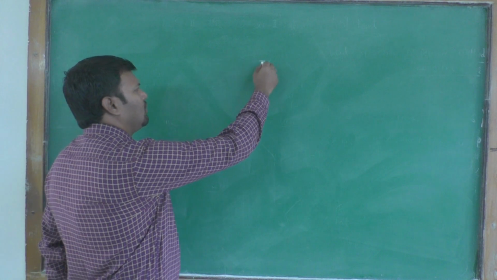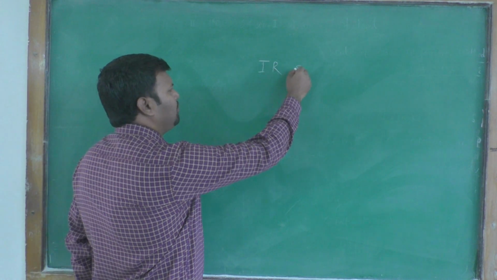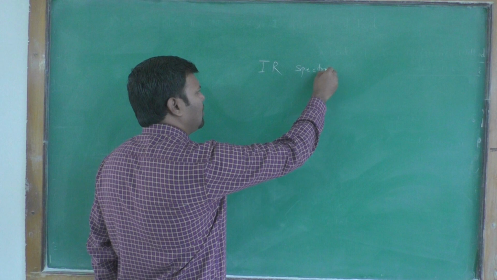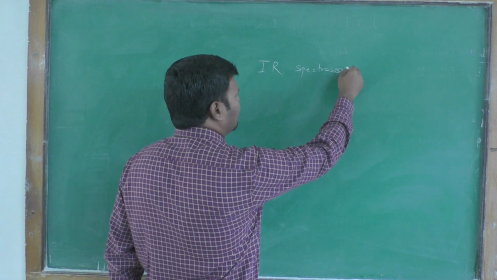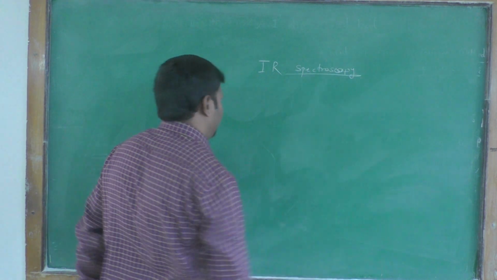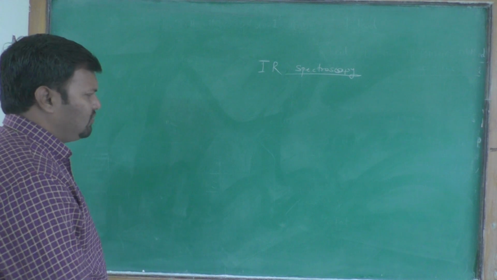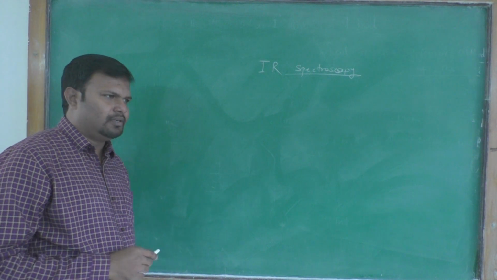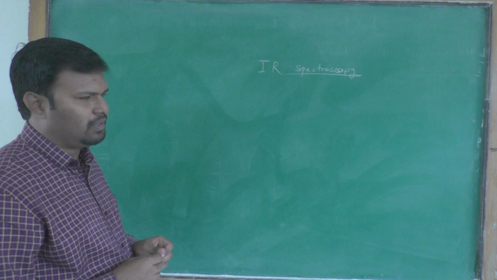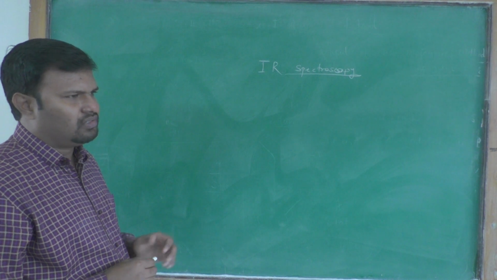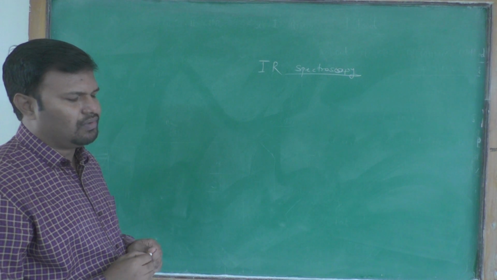Okay, some basics we will learn in this lecture. As we discussed in the previous lecture on microwave spectroscopy, the range is 10 raised to 5 to 10 raised to 7.